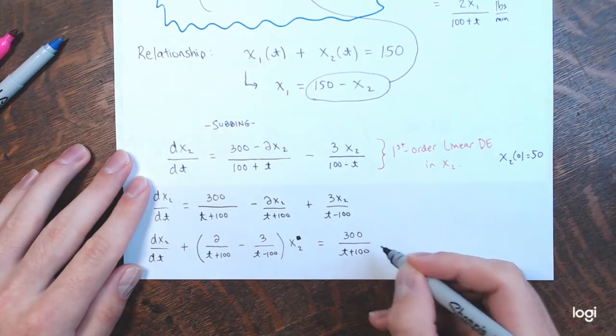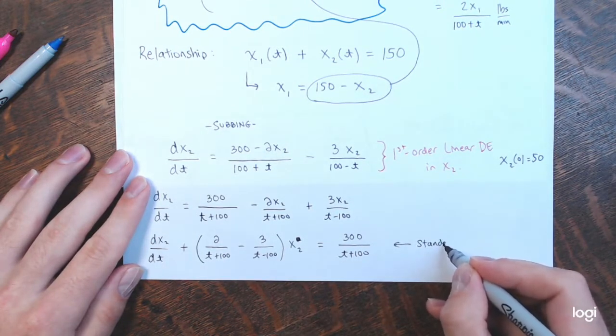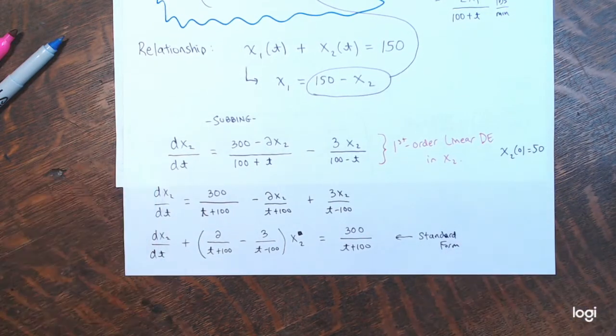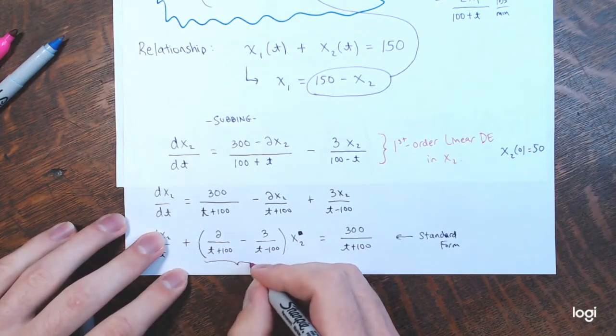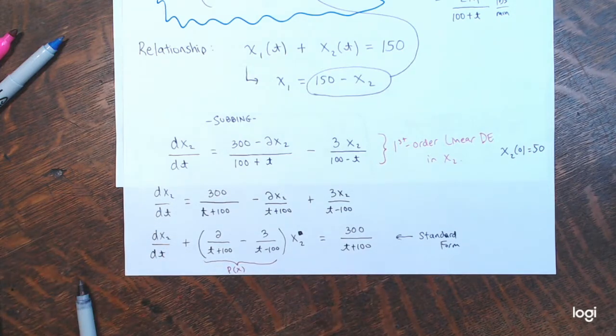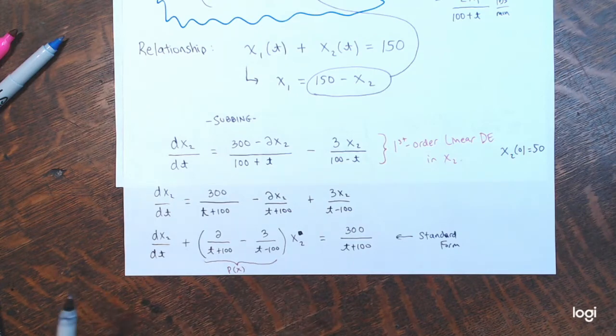So now we have the equation in standard form for a first order linear. And if it's in standard form, I should be able to get an integrating factor. Let's say I call this p of x, this 2 over t plus 100 minus 3 over t minus 100.